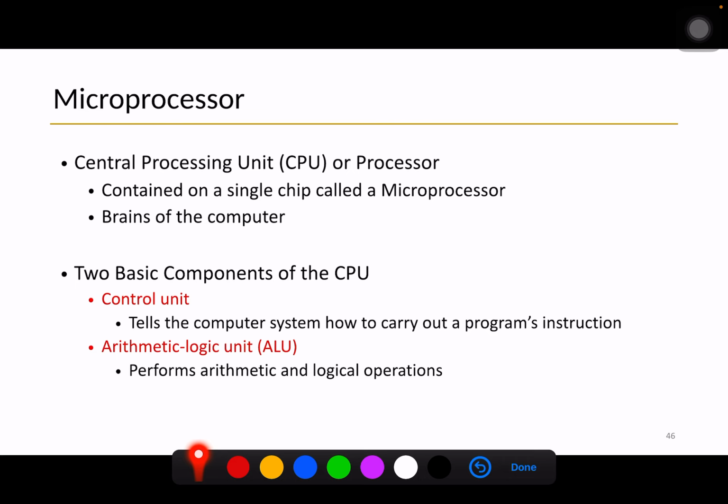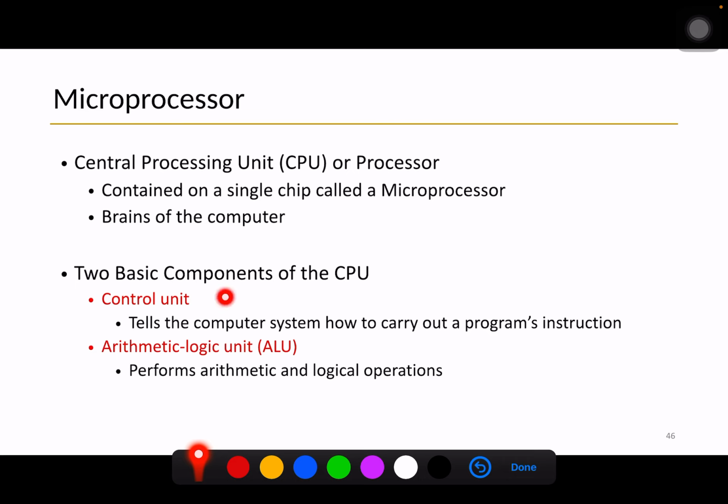Okay, in the CPU there are two basic components. The first one is the control unit, the second is the arithmetic logic unit. The control unit tells the computer how to carry out a program's instructions, and the arithmetic unit performs arithmetic and logical operations. The control unit will organize all of the activities of the CPU.